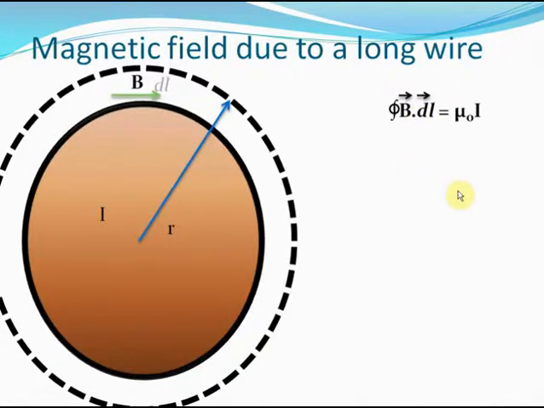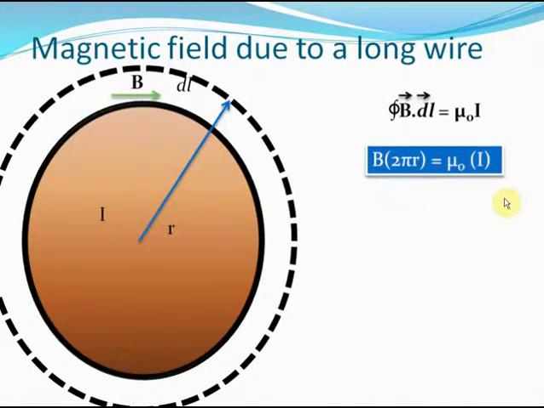Now the magnetic field, because of this current carrying wire, will clearly be tangential to the circumference of the wire, isn't it? That's because we've already learned that for any infinite current carrying wire, the magnetic field is tangential. Now since the magnetic field is tangential, B and dl are in the same direction.